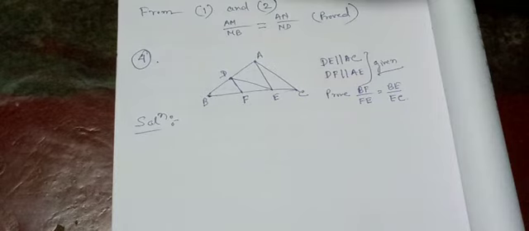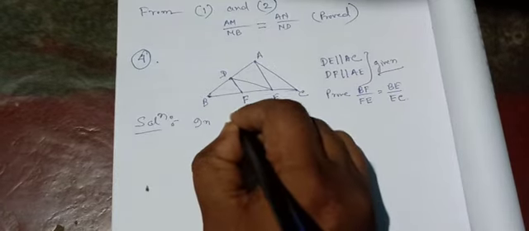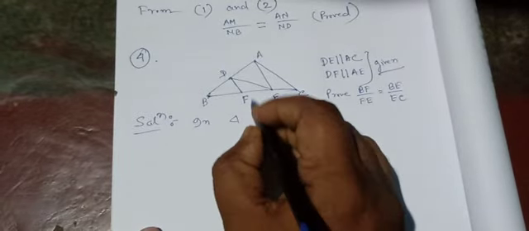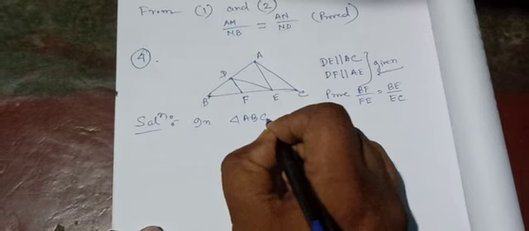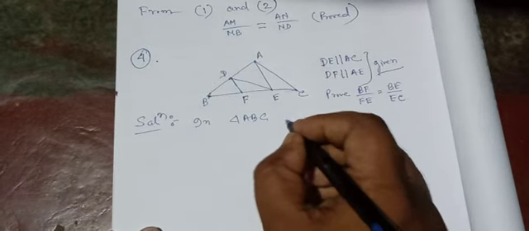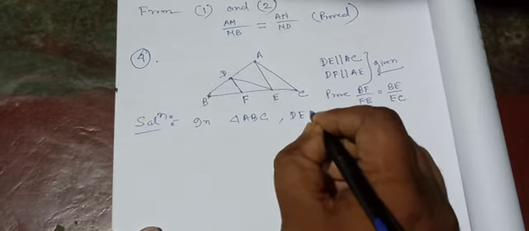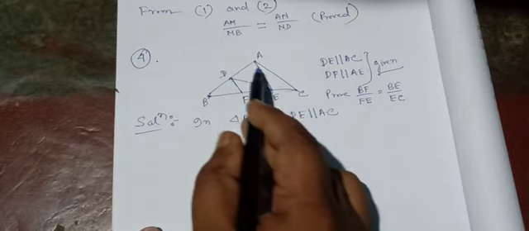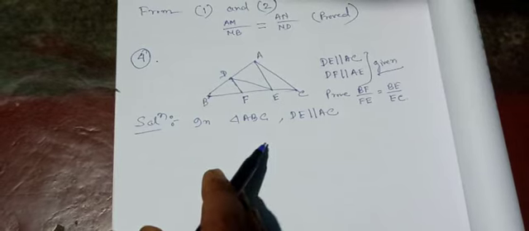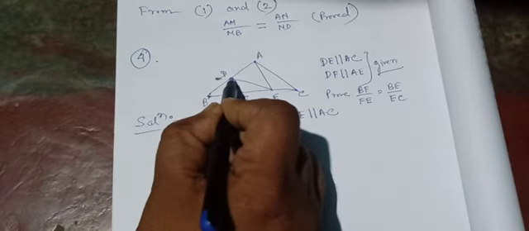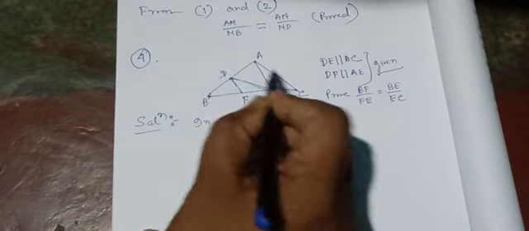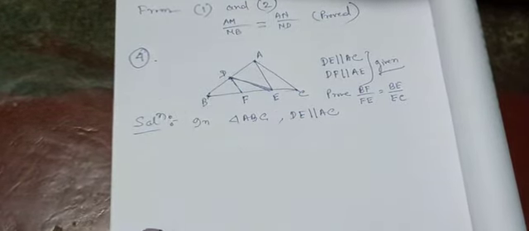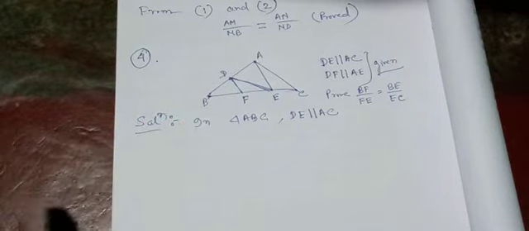In triangle ABC, obviously DE is parallel to AC. Actually, my figure is not quite perfect, so I suggest you go through the book's figure, but this is for the idea.